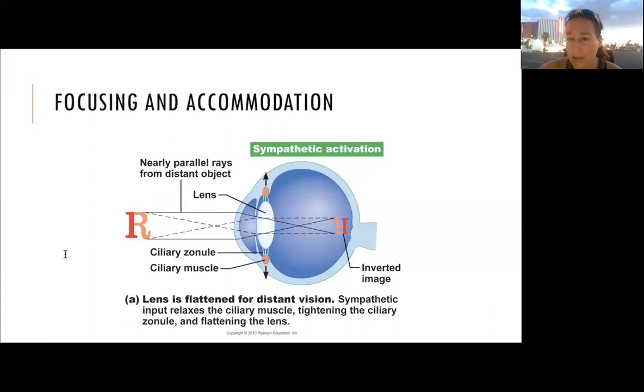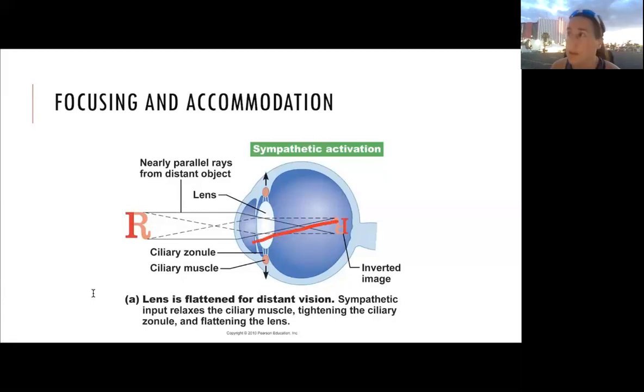For sympathetic activation, we are going to have that light refract differently on the lens. The lens is going to be flat. The ciliary muscles are going to relax. The lens will be flat, and the light is going to refract back onto the back of the eye, onto the retina. What gets sent back there is inverted.